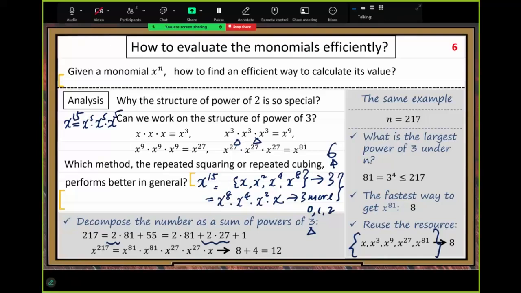When we calculate x to the 5th, can we use x squared times x squared times x, right? X squared equals x times x. To calculate x to the 5th, we need 3 multiplications, right?